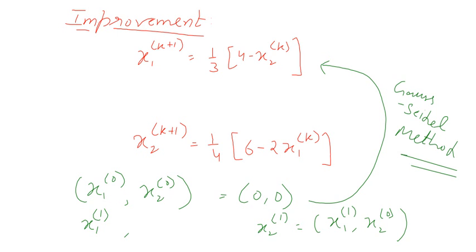So x1 0, once you use it in getting x1 1, you use x1 1 instead of x1 0 for evaluating x2 1.